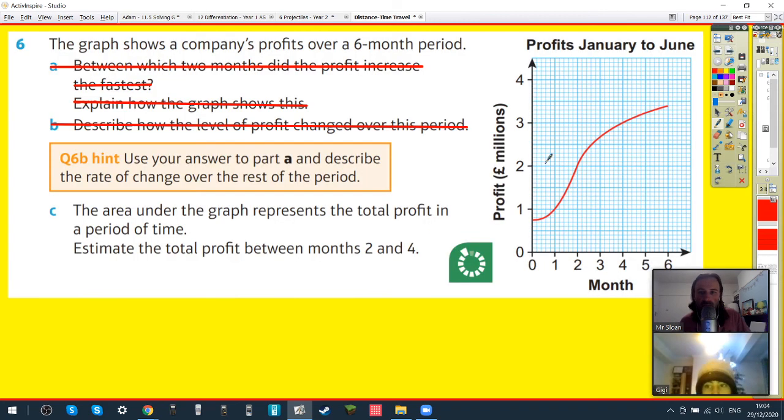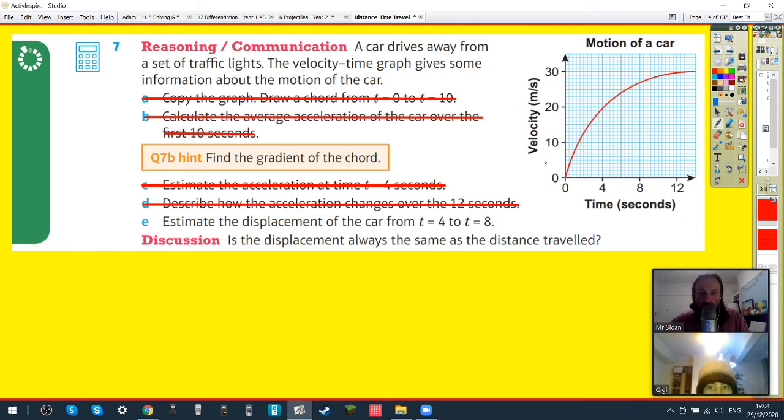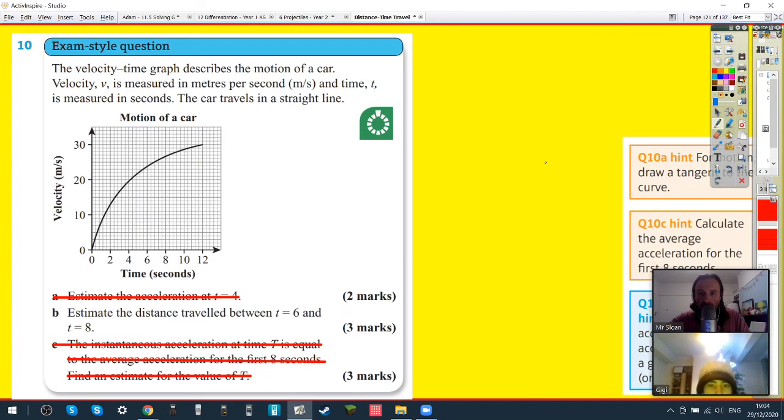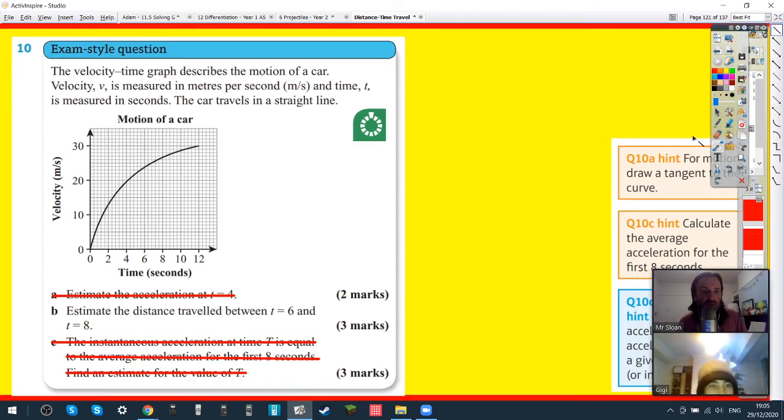And so let's just see. Okay, exam style question. How about this one? This should be the last one. T6 and T8.